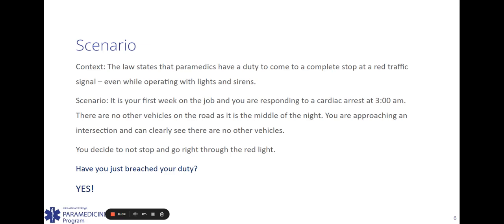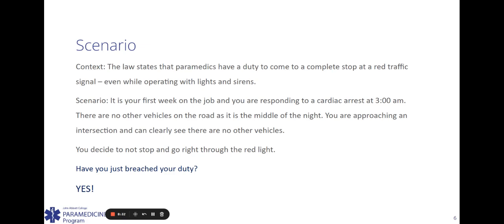Now, while we have a duty to stop in this scenario, it's a specific situation that is essentially tolerated because we also have a duty to respond to a medical and traumatic emergency, a health emergency. And of course, we have to weigh the two duties to act.